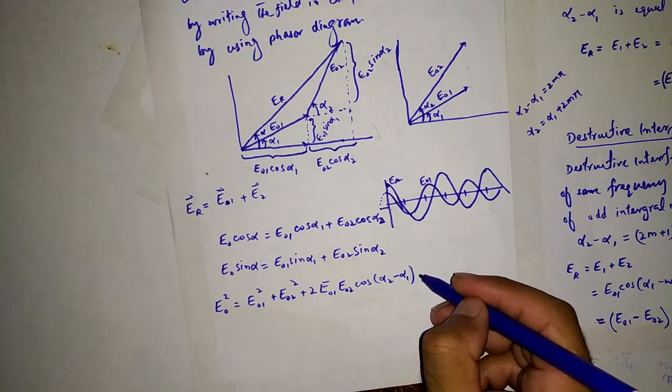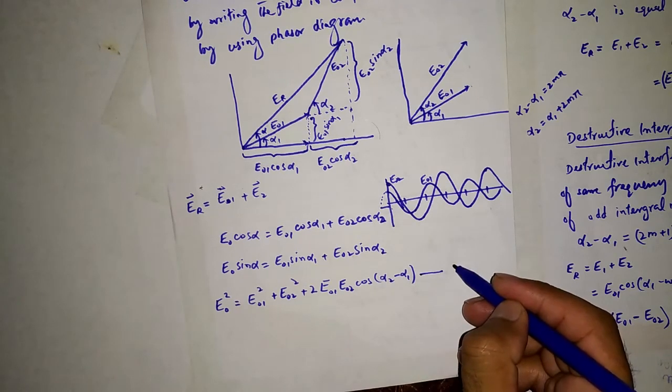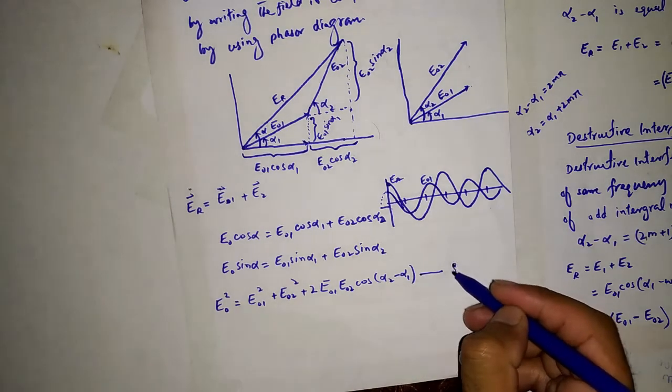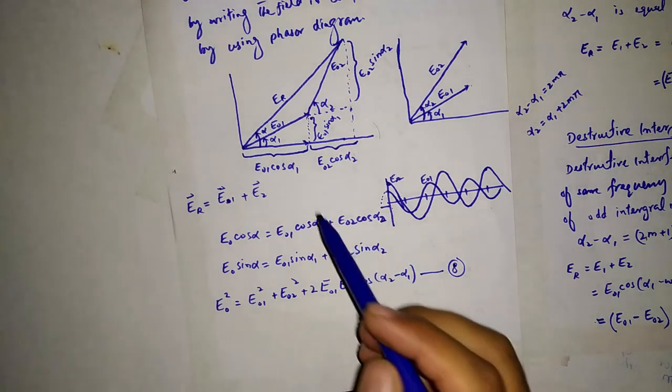This will be the magnitude of the resultant wave. This is equation number 8. Clear? This is easy.